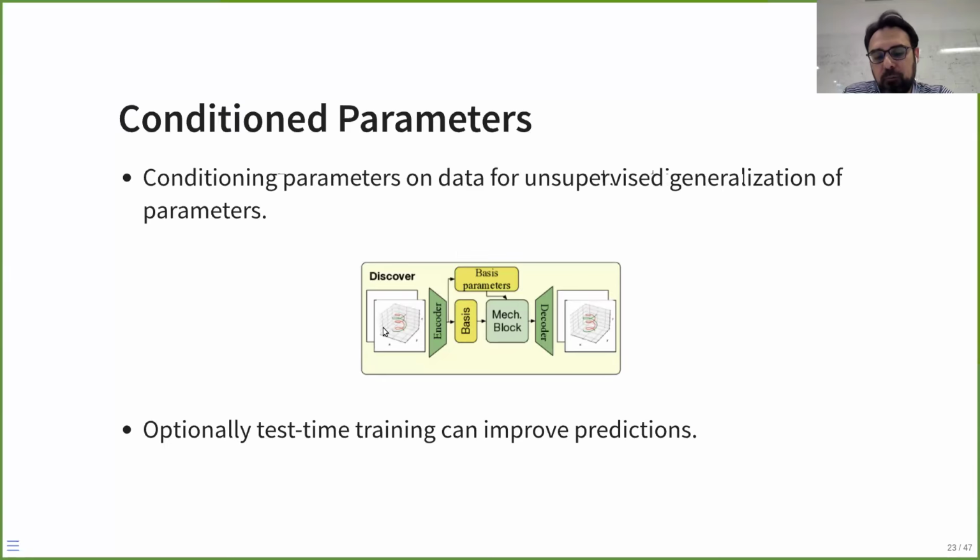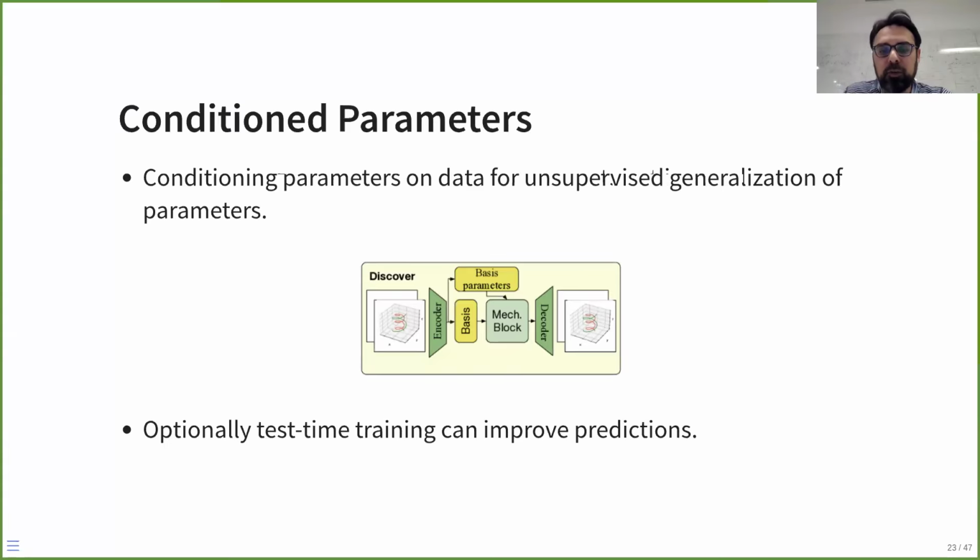So if you have different data that corresponds to slightly different variations of the parameters, you can compute the parameters from the data, and so you can handle the variations directly based on the data.